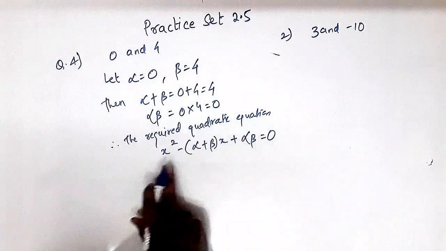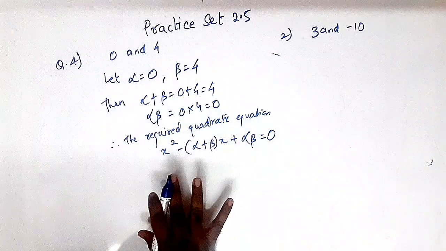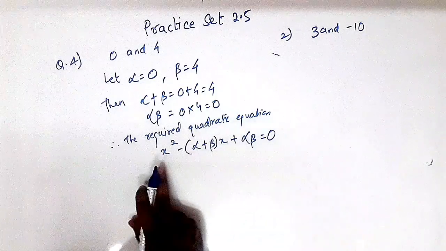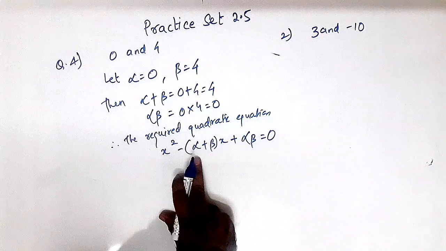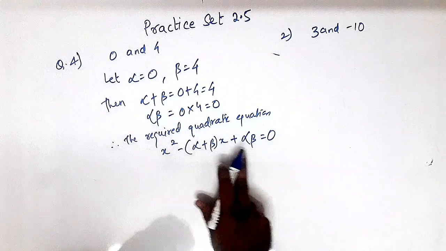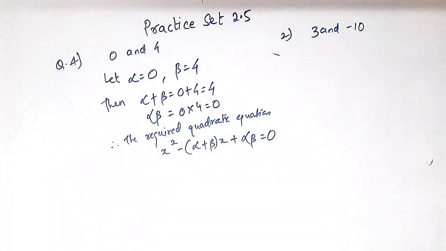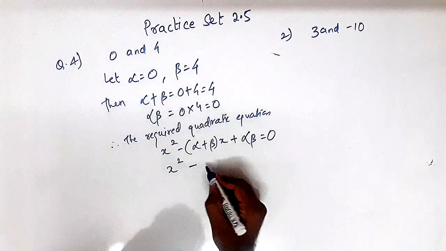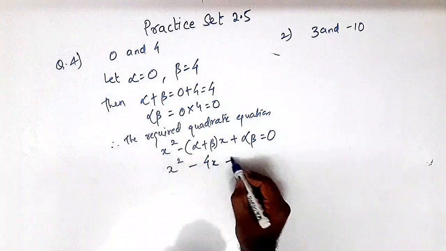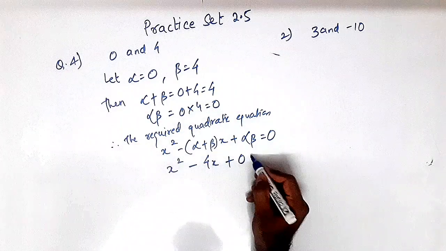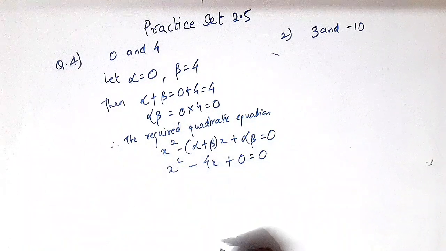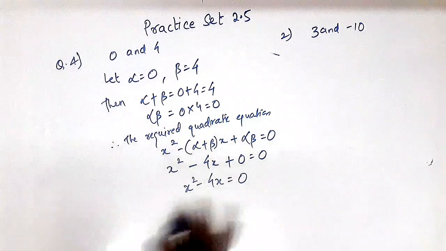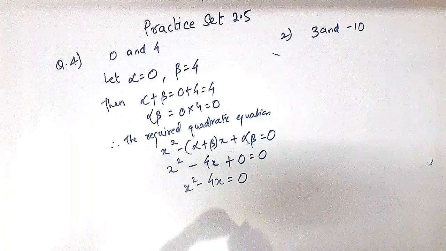This is the standard form when you are asked to form the quadratic equation. This is what you will follow. X square minus the sum of the roots into x plus the product of the roots equals to 0. Simple. Now you can write x square minus, what is the sum of the roots? It is 4x, plus the product is 0, equals to 0. So finally you are getting what? X square minus 4x is equal to 0. This is your quadratic equation.